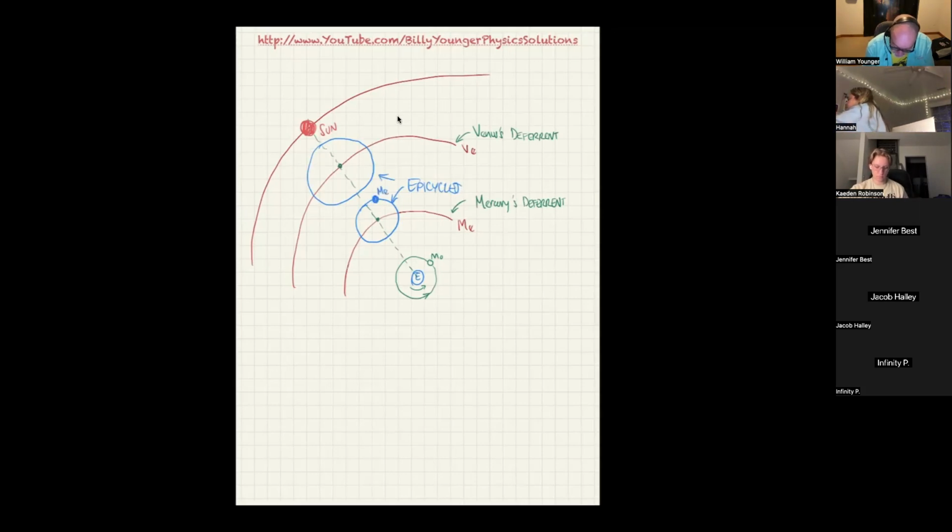And on it, you might picture Venus. Now, those guys would move around it like this as well as the centers of the epicycles orbiting around. Ooh, I should have put that the other way. Sorry. So we'll say they're all moving this way, this way, this way, this way.